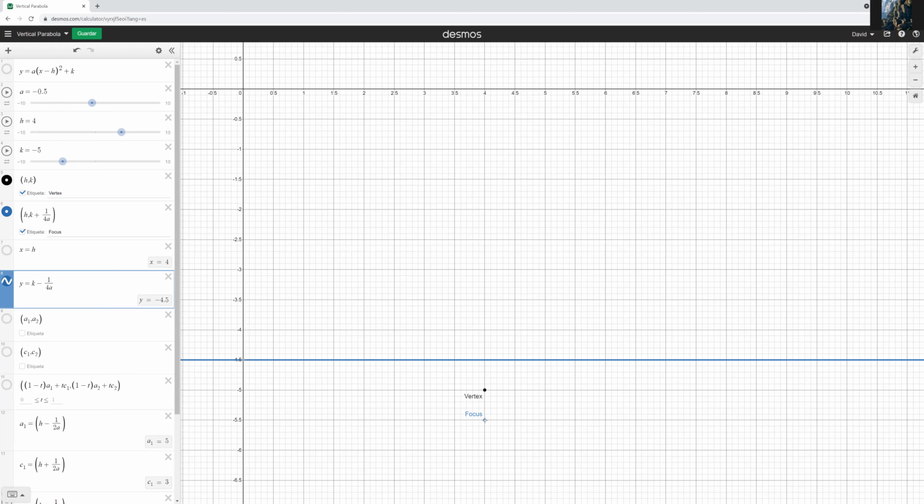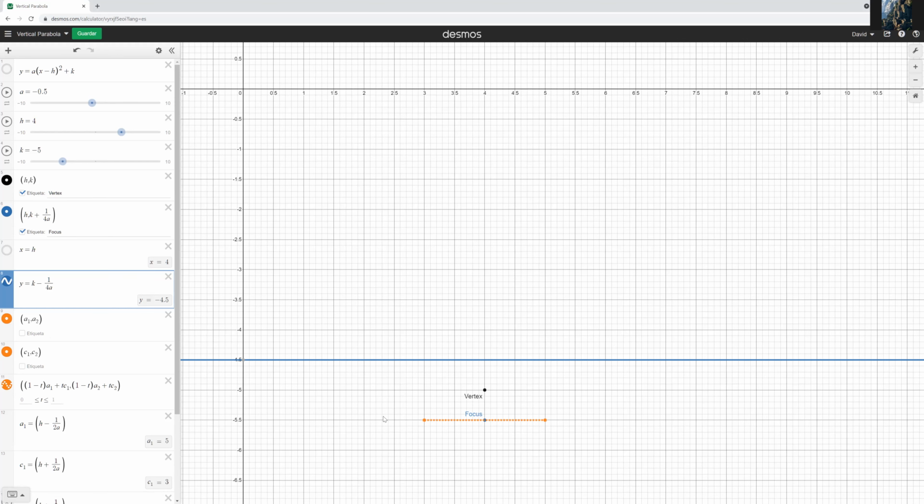So from the focus, if I have 2 units, I will divide them, and I will measure 1 unit to the right and 1 unit to the left. Here I will mark my points. These points are the beginning point and the ending point of the latus rectum. The latus rectum will be this line here.